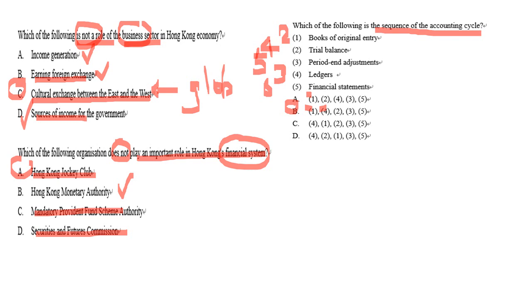Number four is to prepare the trial balance. And number five is to make year-end or period-end adjustments. And at last, to prepare the financial statements such as an income statement and SFP. So the steps are, let's look at this. 1, 4, that means the answer is B.